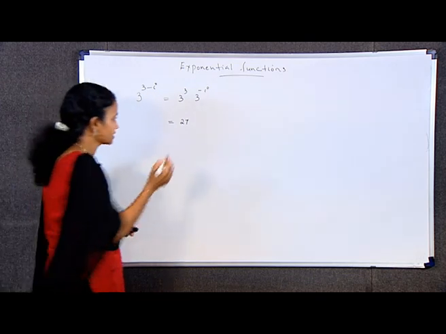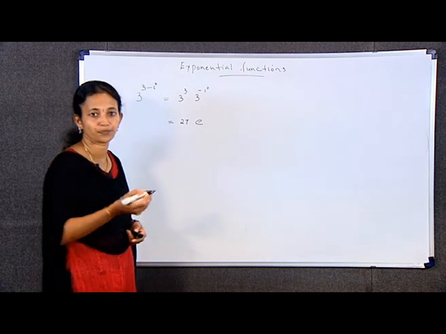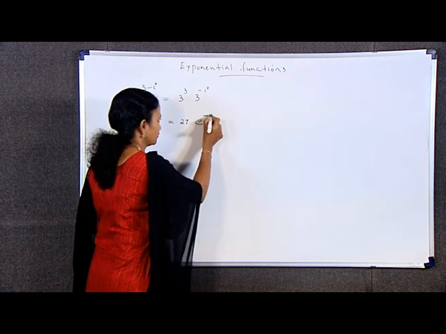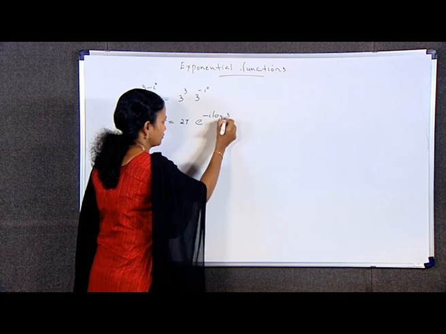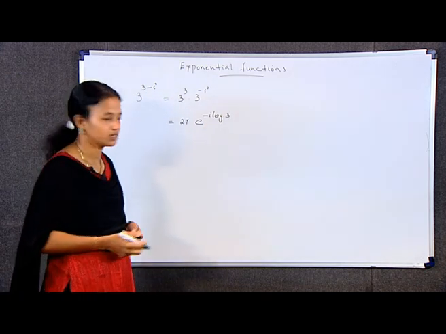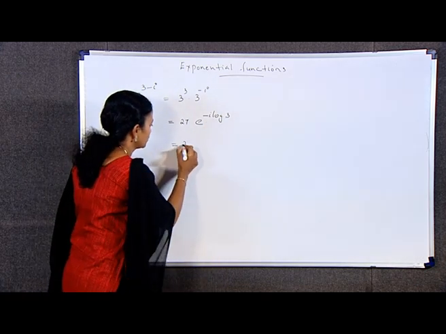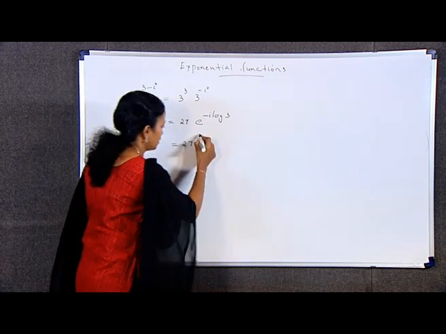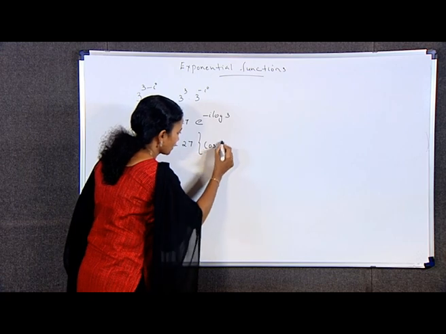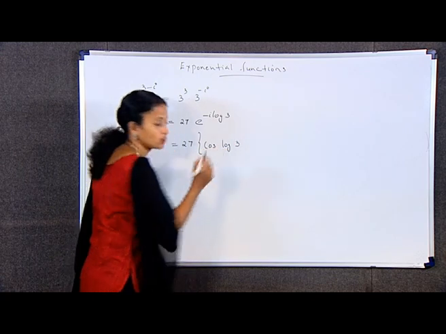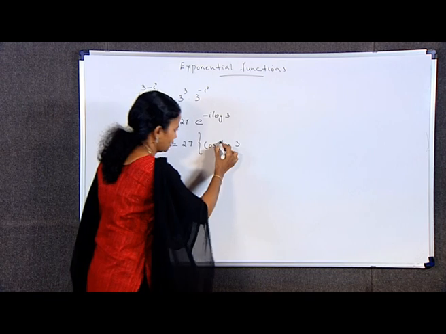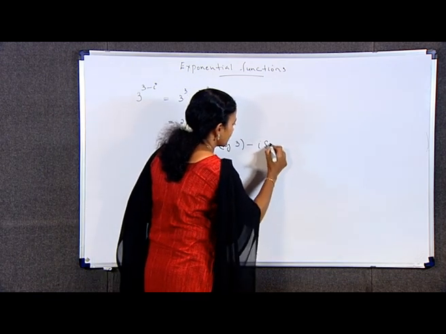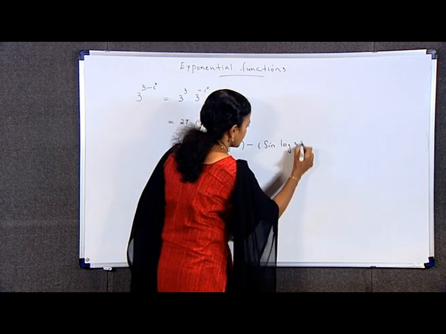This I can write as e raised to minus I log 3, which I can write as cos log 3 minus the next term I sin log 3.